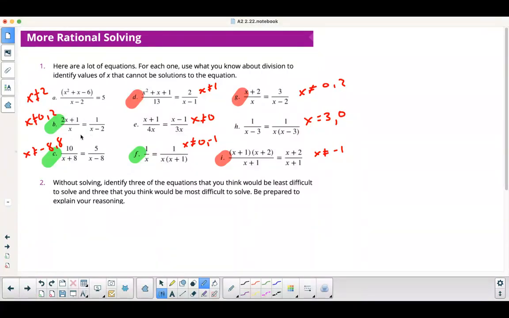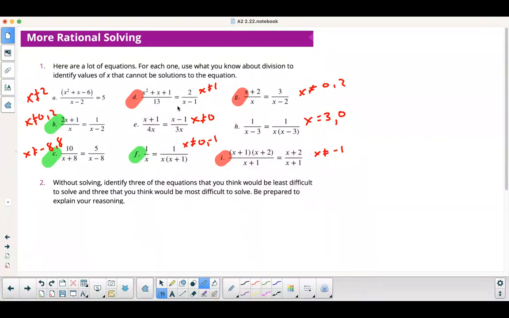I would say this one's easier just because when you cross multiply, you just have less x's in here. Like if I look here, I got 1, 2, 3, 4 x's. I got an x squared. There's no multiplying. So I chose this one because they both have an x as a factor in the denominator.